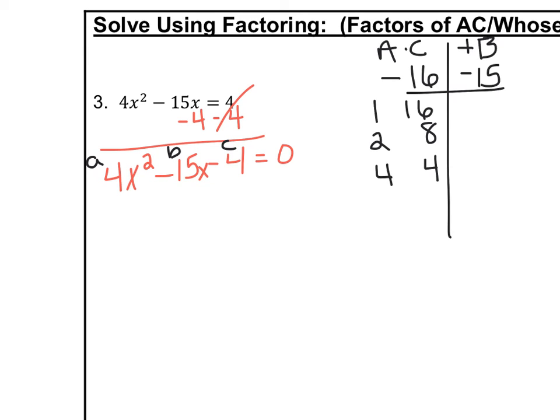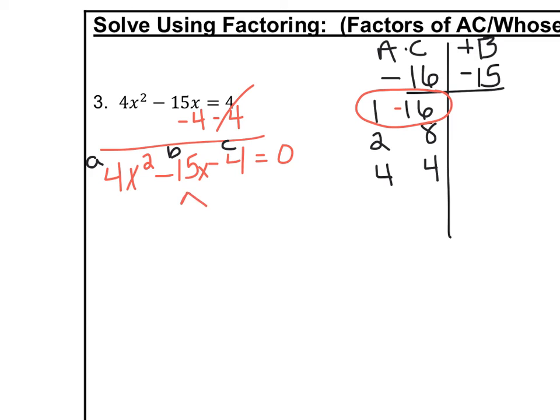Okay. These are all numbers that multiply to 16. Now it's a negative 16, so one of the numbers has to be negative. They have to add to negative 15. So I know a lot of you are saying 1 and 16, but I've also heard the wrong negative. Is it negative 1 or is it negative 16? It's negative 16. 1 minus 16 is negative 15.